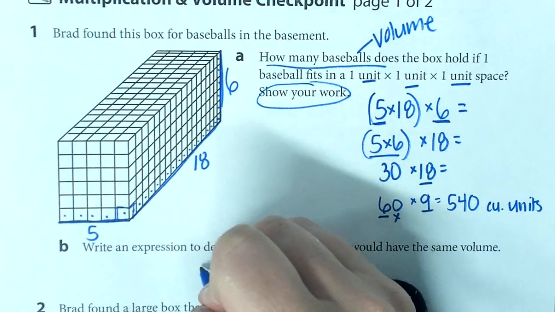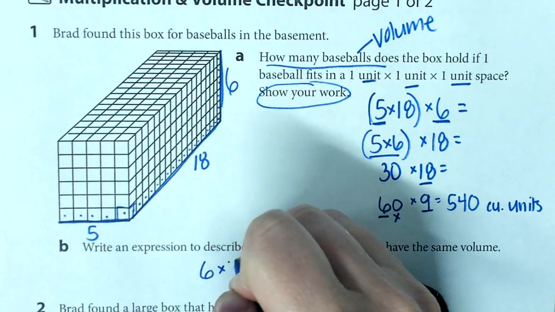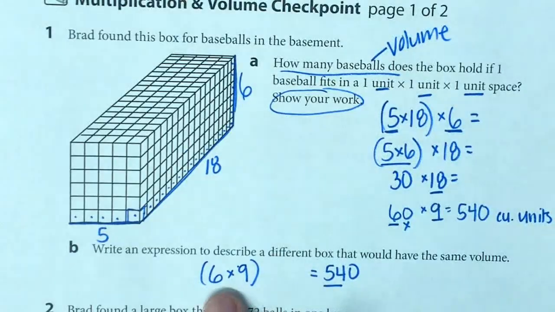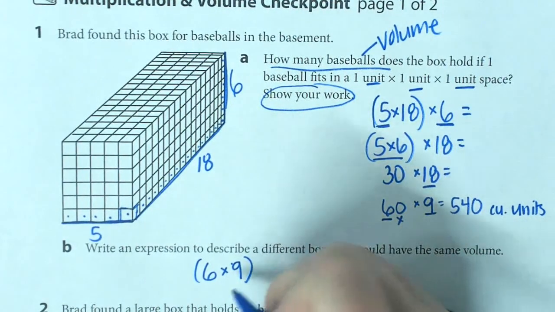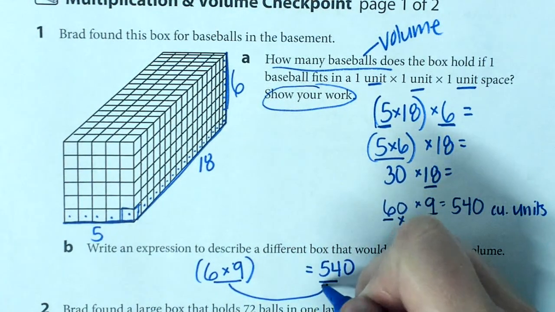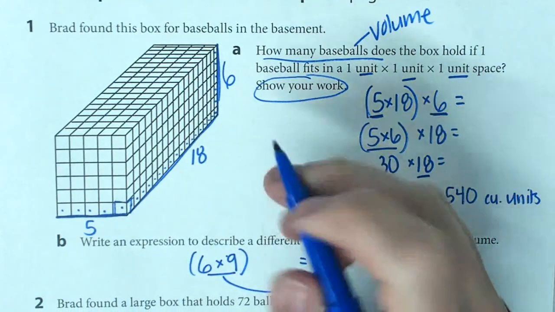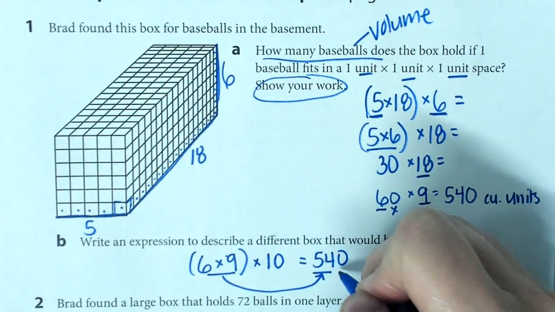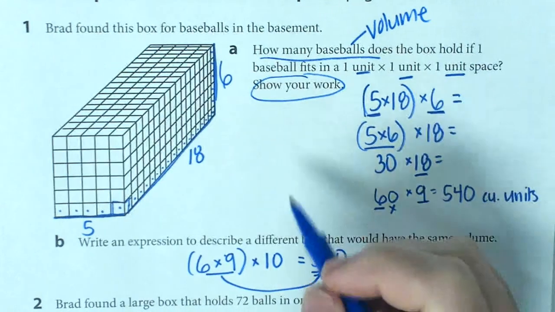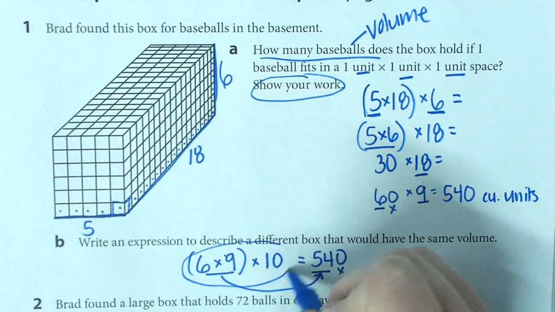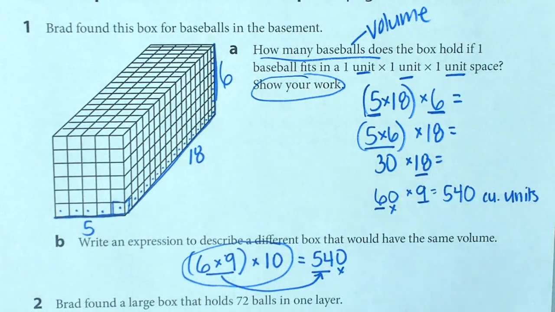I took 6 times 9. So what if my base on my box was 6 times 9? Because that gets me to 54. And then let's say my height was 10. That's where I attach my 0. This would be a different box that I could create that would fit the same amount of baseballs.